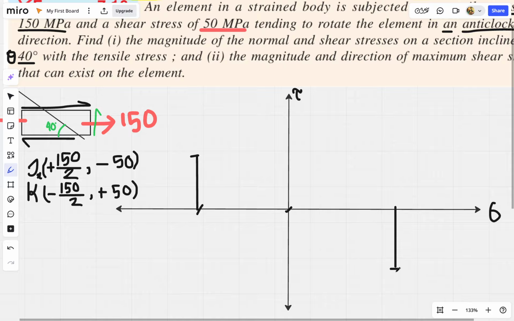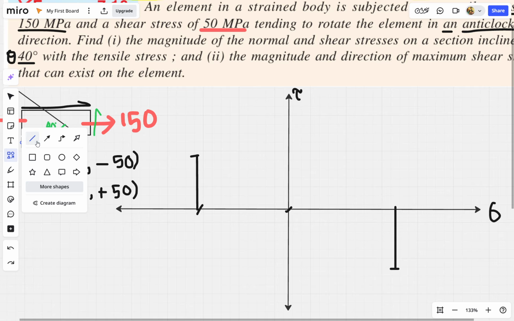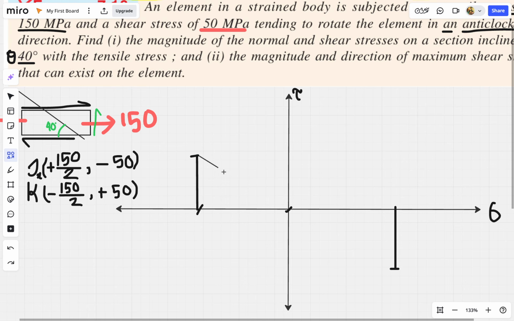So after getting these two points, we will join this point and this point. Okay, I have made a mistake, so let's use this. It will be nearly like this.